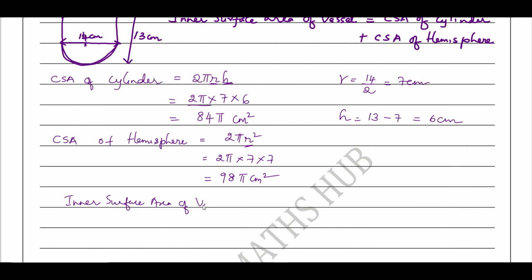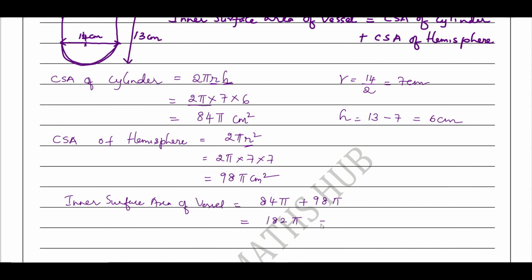Now the inner surface area of the vessel is equal to the CSA of the cylinder, 84 pi, plus the CSA of the hemisphere, 98 pi. Now add 98 plus 84. We get 182 pi.